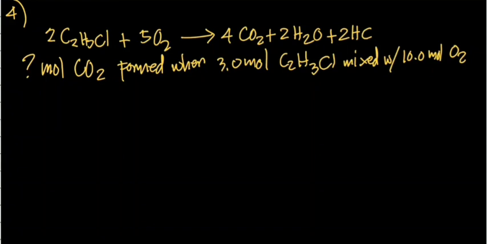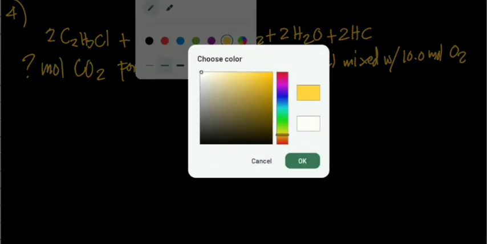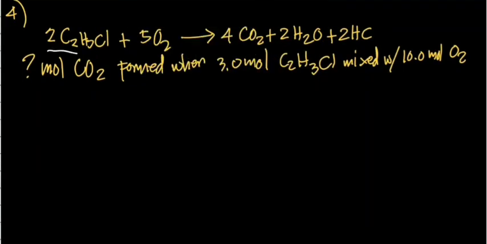Okay, so we get the mole ratios from the equation. From the equation, we have 2 moles of chloroethene and 5 moles of oxygen. So that is 2:5, the mole ratio.